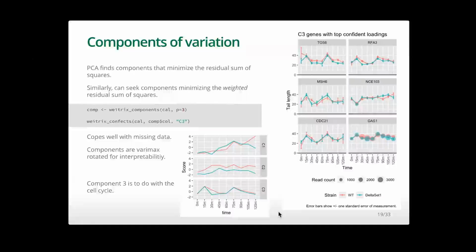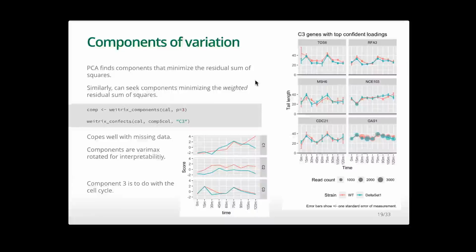Okay, then, so one final tool, once you have weighted data, is looking for components of variation. So this is sort of the weighted version of PCA. The idea here is we'll find several components of variation, and then a component consists of a set of what are called scores for each sample, and then a set of loadings for each gene.